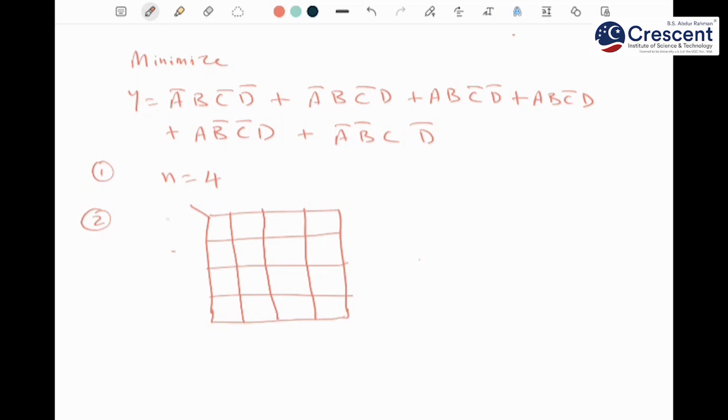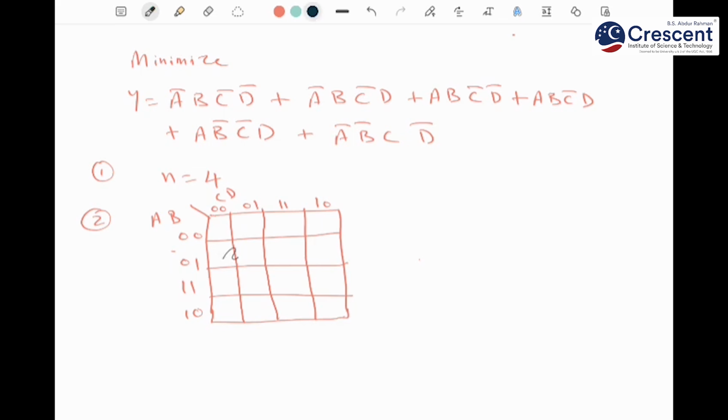So we'll be having CD 00 01 10. So the first term you have to plot is A bar, B, C bar, D bar.